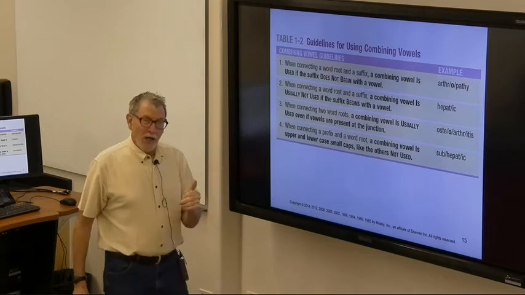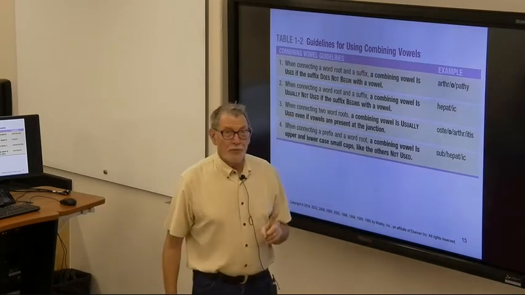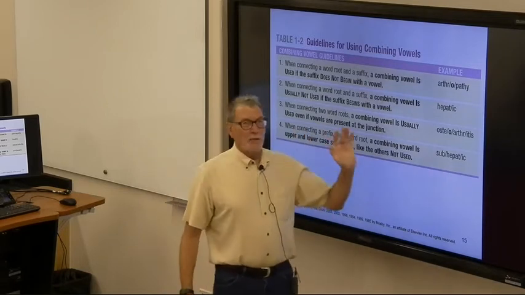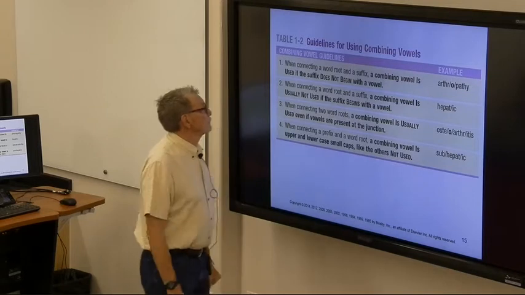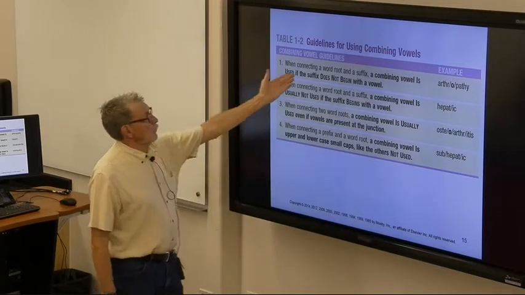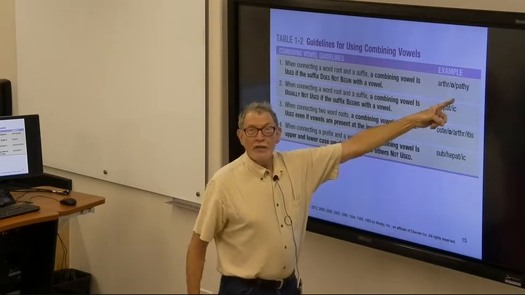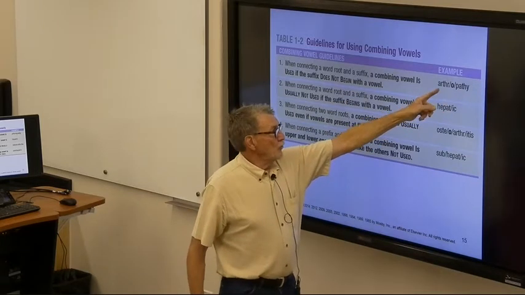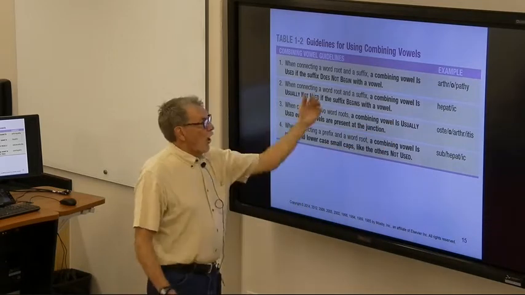A couple of times you'll use the letter I, maybe once you'll use the letter E, but 99+% of the time it's O. So if you're joining a word root and a suffix like joint disease, and there are two consonants there, you stick an O in virtually every time.